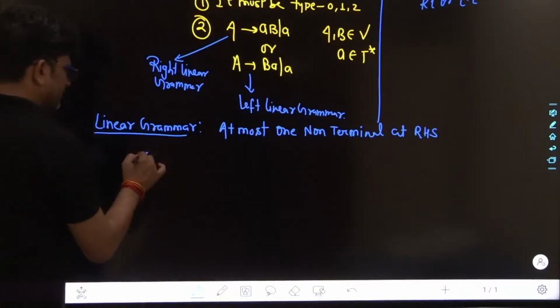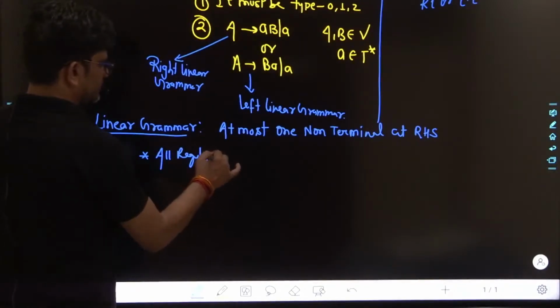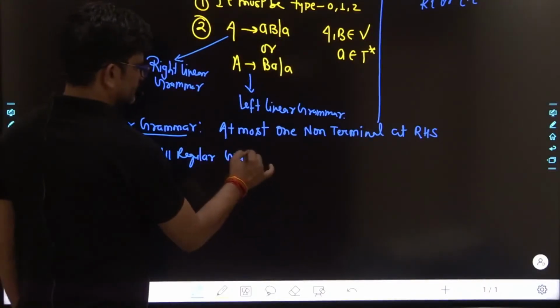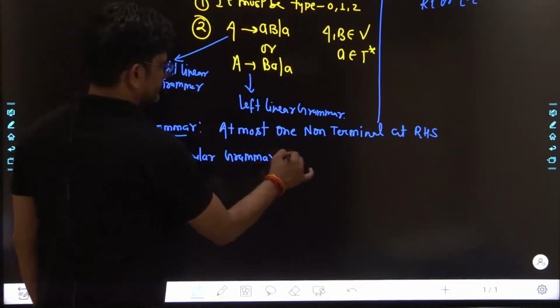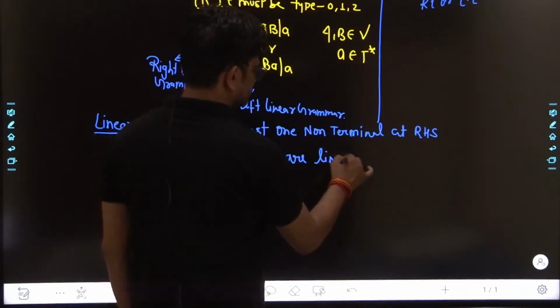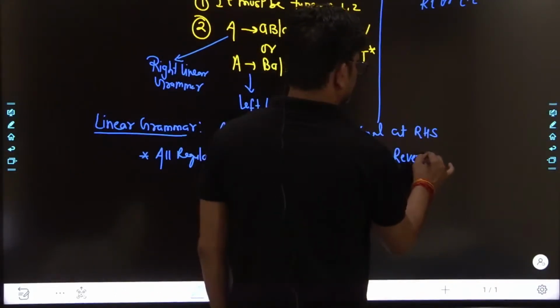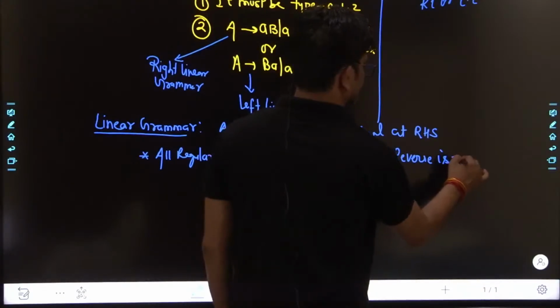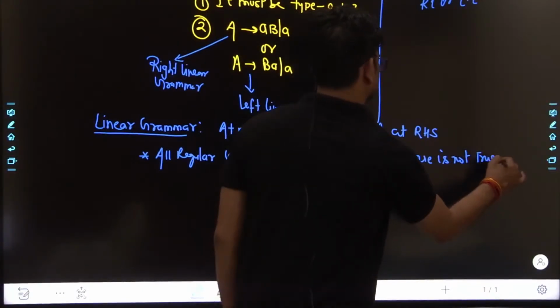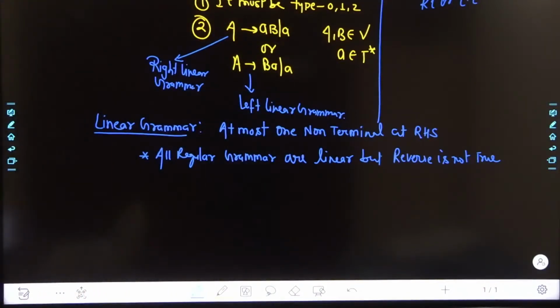Another important point, all regular grammars are linear, but the reverse is not true. Clear? So please note this point.